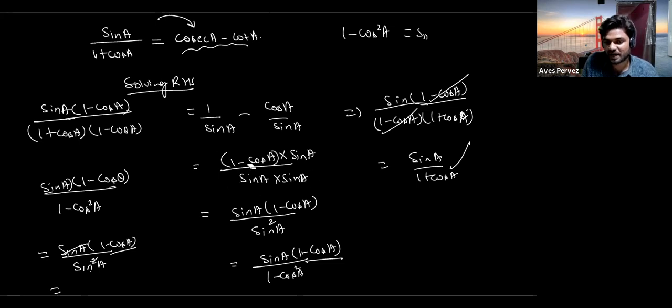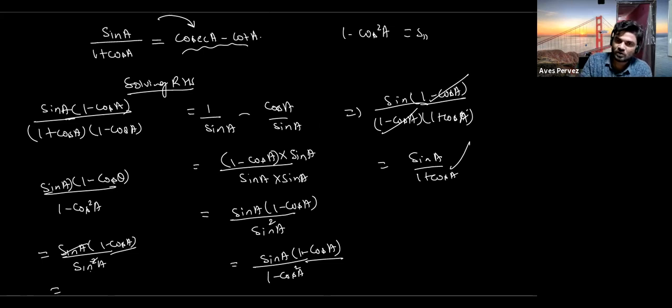Because by doing this, we can get sine square A, and the value of sine square is 1 minus cos square A. In 1 minus cos square A, there is actually 1 minus cos and 1 plus cos.